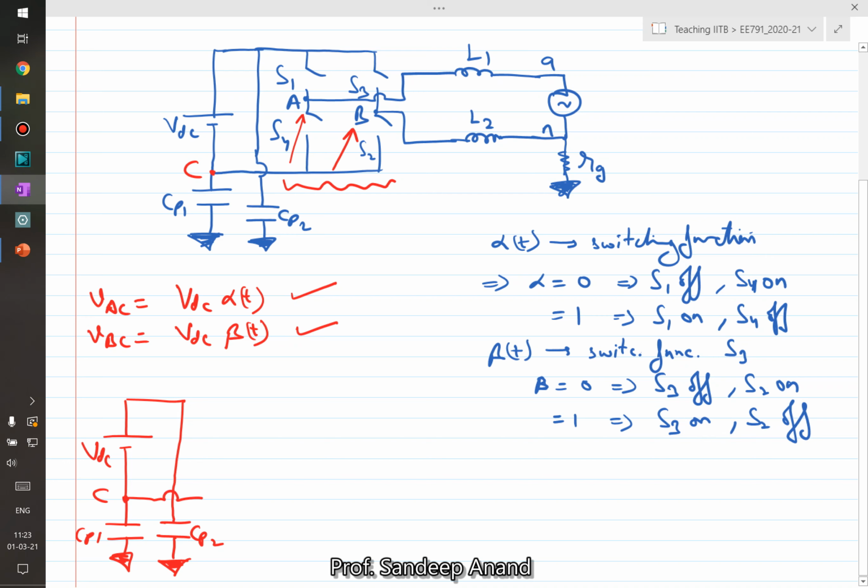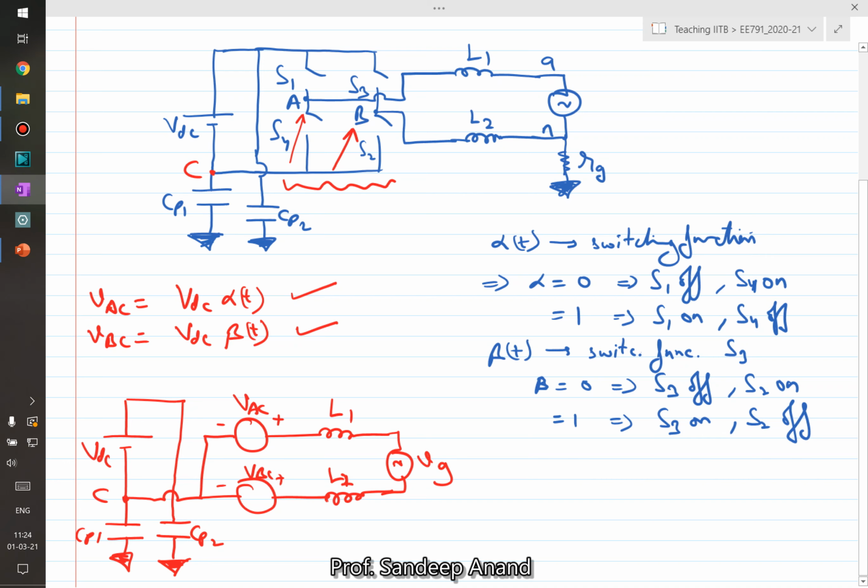From this point C you can see that there are two voltage sources, VAC and VBC, followed by inductors L1, L2, then the grid VG, and then through a resistance RG to the ground. This is the equivalent circuit of the above inverter.